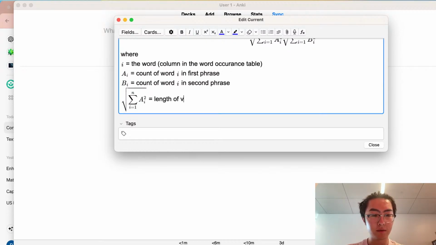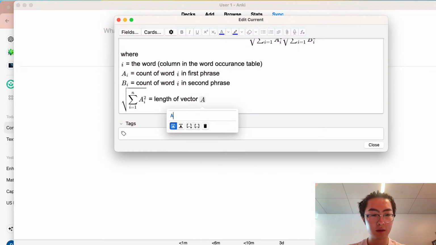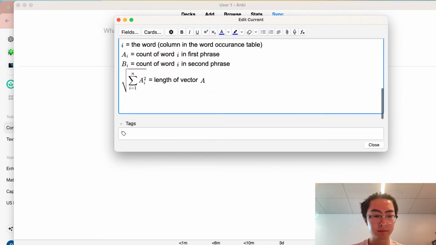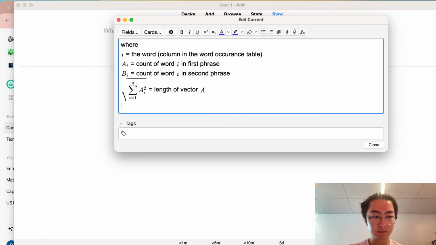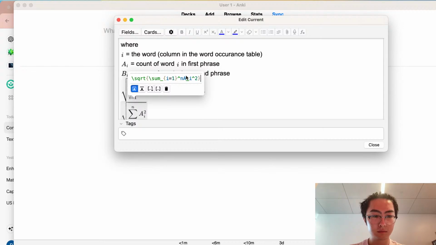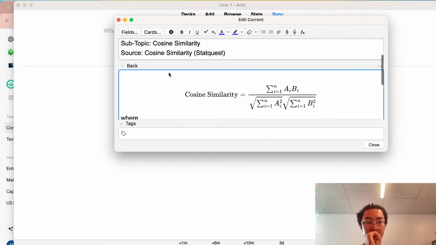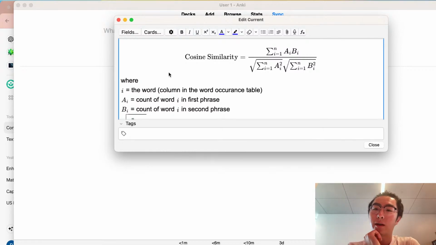Length of vector. So wait, why can't we just add the lengths together?